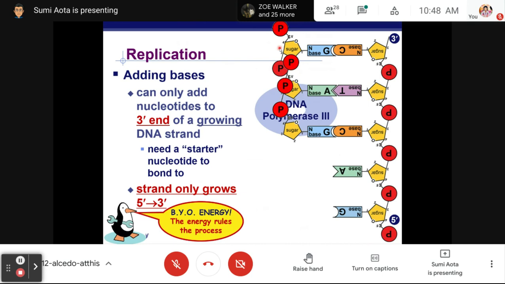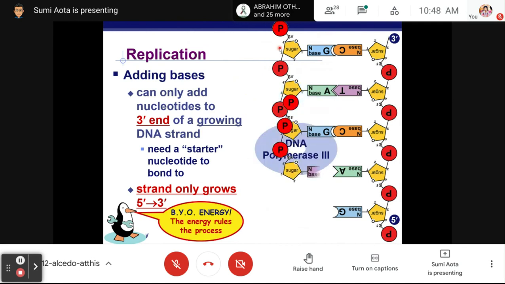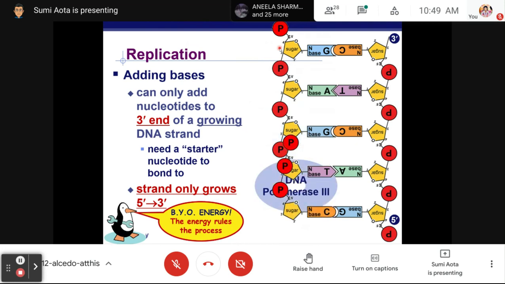Next nucleotide comes in, the phosphates break off, you get a bond, and so on. So 5 ends up there, 3 end down there. So it always grows 5 end to 3.